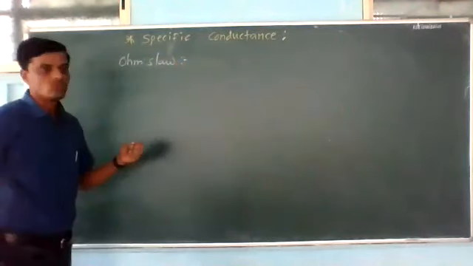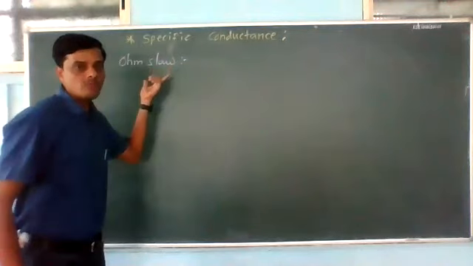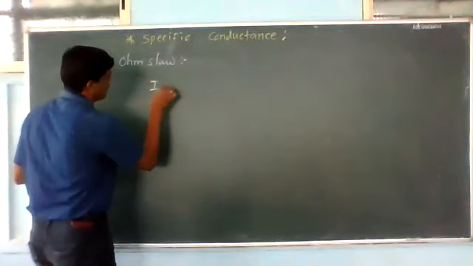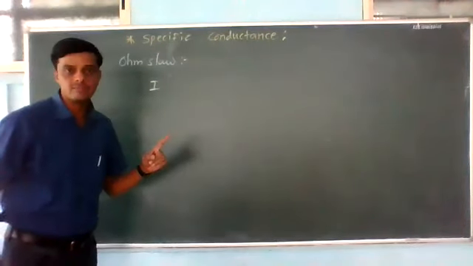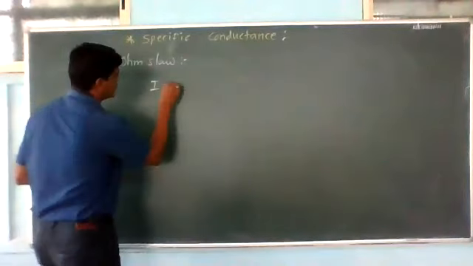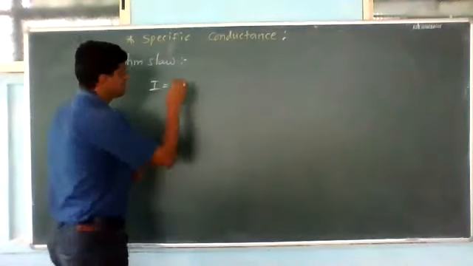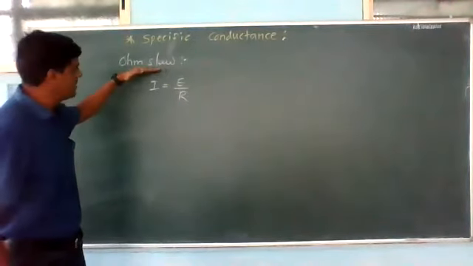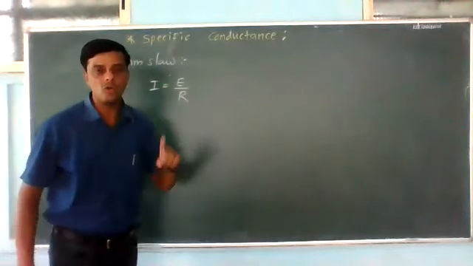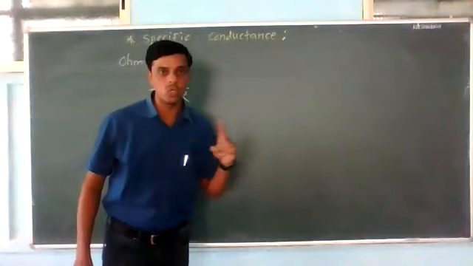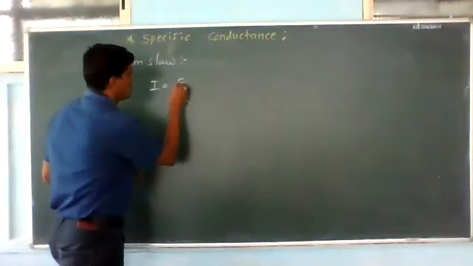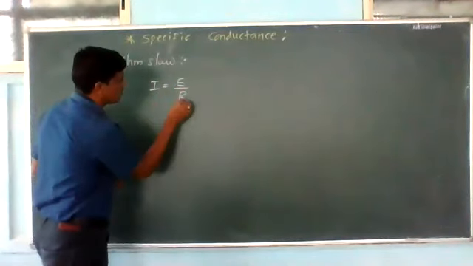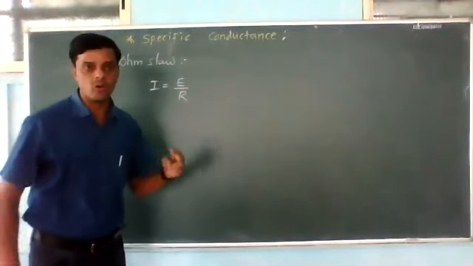Ohm's law is stated as the amount of electric current, which is represented by I, is given as E upon R. In the statement, Ohm's law is stated as the amount of electric current passed through the solution is directly proportional to the potential difference between the two electrodes and inversely proportional to the resistance of the electrolytic solution.